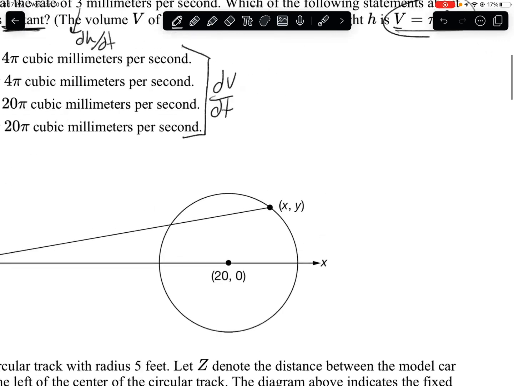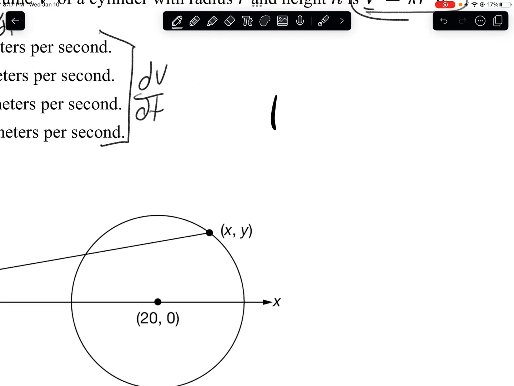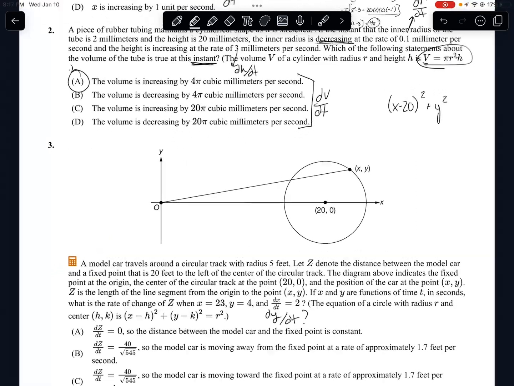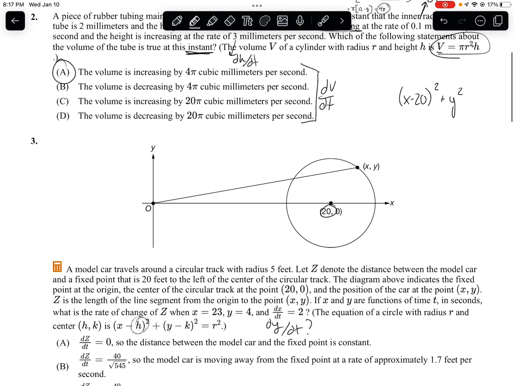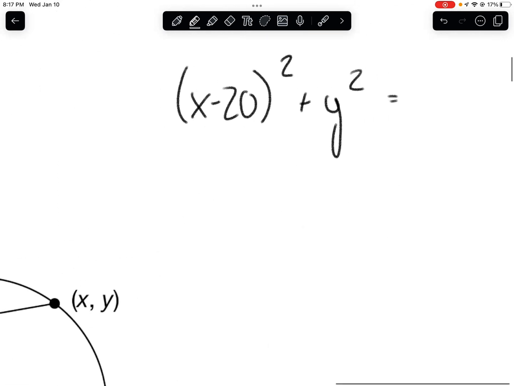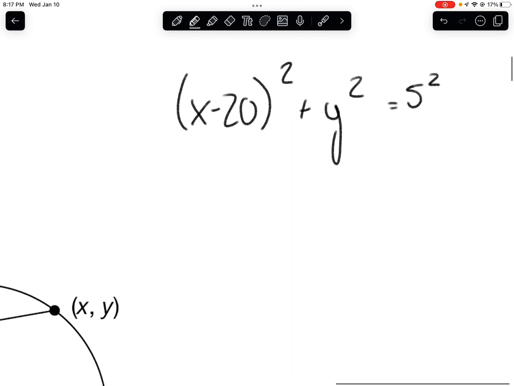So I could go ahead and set this up here. (x minus 20) squared plus y squared. So 20 is the center, so I have minus h, so it's minus 20, minus 0, so I just put y squared, equals 5 squared.